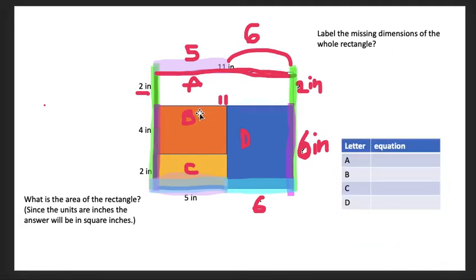All right. So A would be 2 times 11. So over here, I'm going to type 2 times 11, which equals 22 inches. Let's look at B. What do you think B would be as an equation?